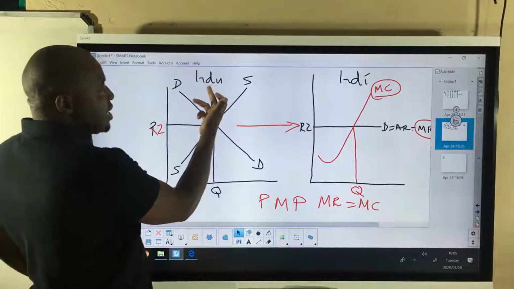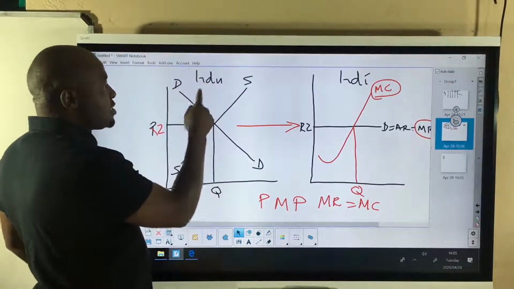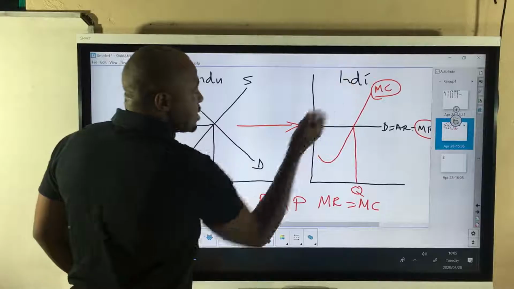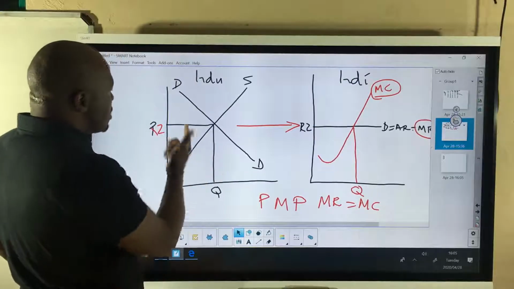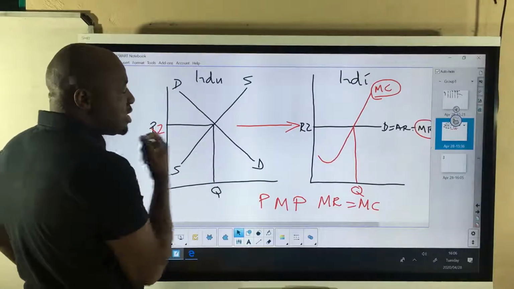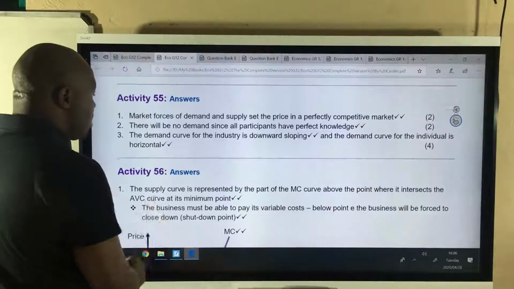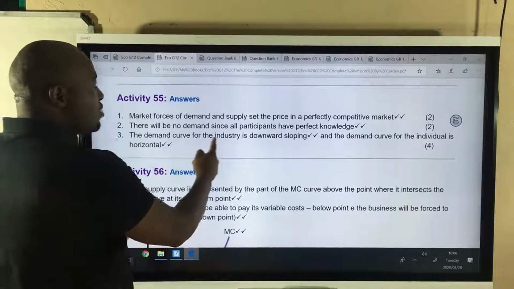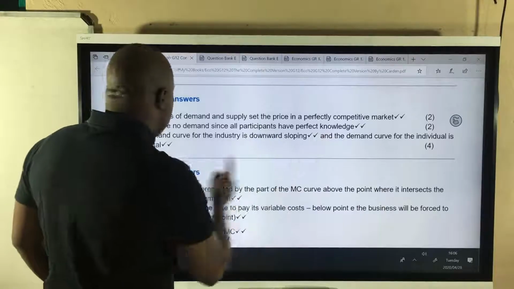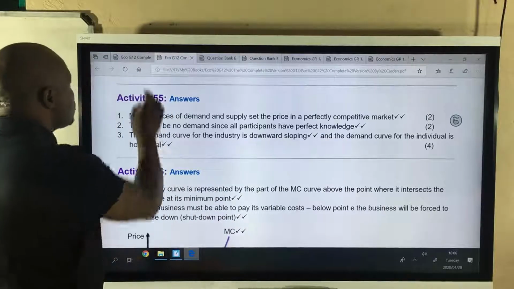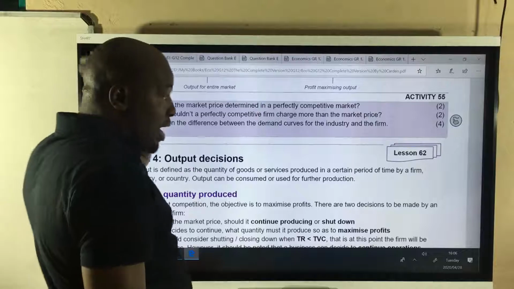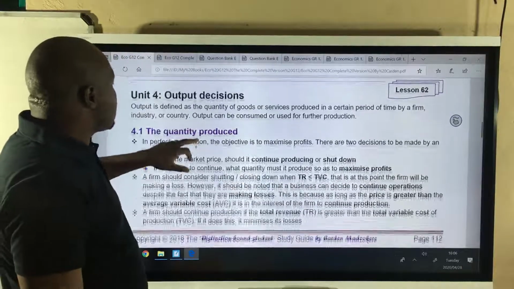The differences I told you in the previous lesson, this is the industry, this is the individual. What difference do you see? Do you see this demand curve is downward sloping? This one is horizontal. So our answer is there. The demand curve is downward sloping and this one is horizontal. So that's it with our homework. I hope you got your answers correct.